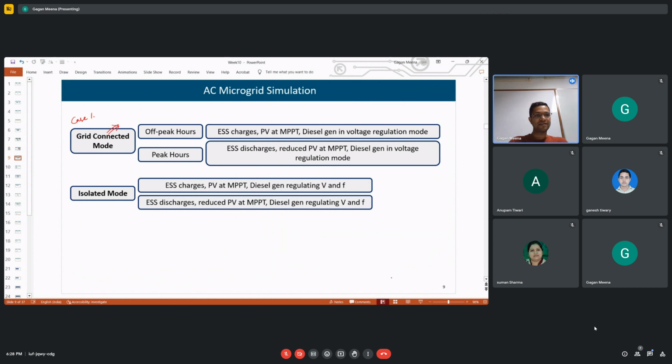So what we have seen are the benefits of having two DC microgrids connected with each other. So what are the benefits? Can you tell some benefits? When two DC microgrids are interconnected, what benefits can we derive?